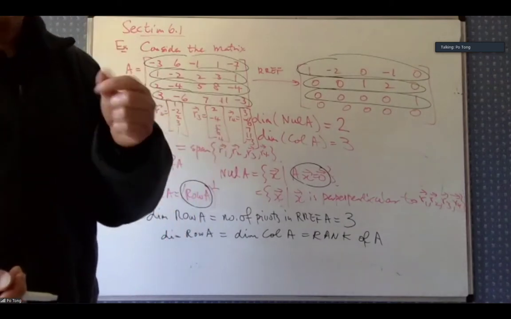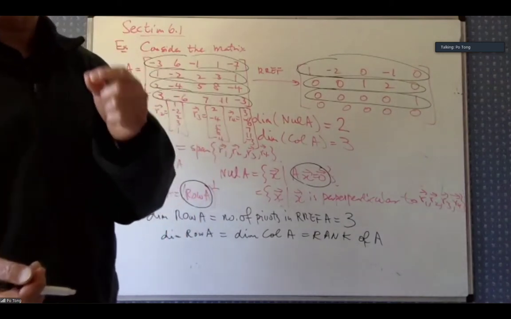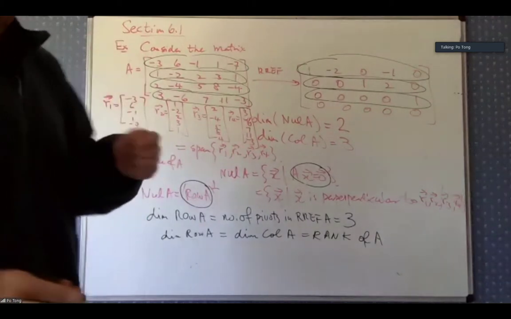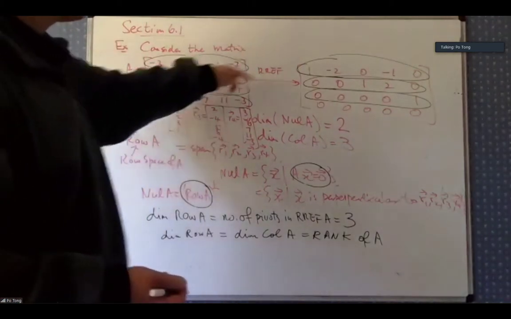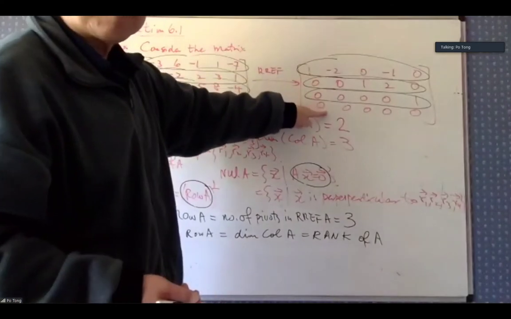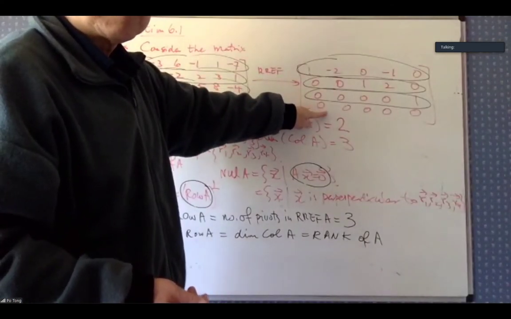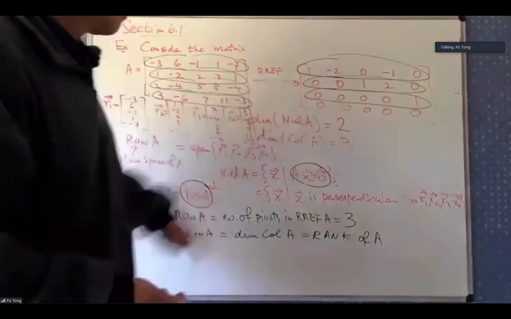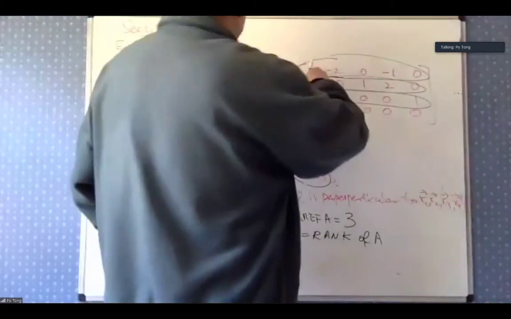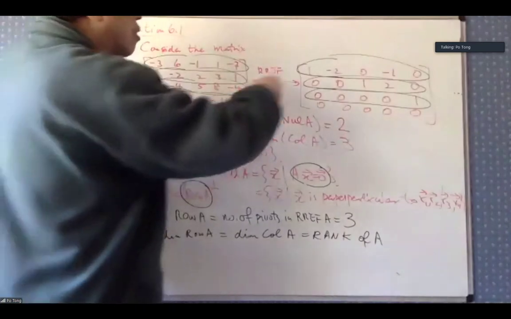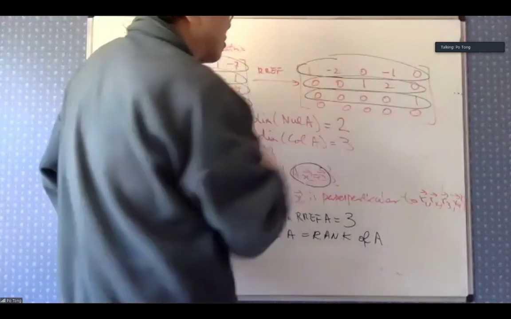When you do a row replacement operation, it's also not going to change the span. So the span of these 4 rows is equal to the span of these same 4 rows. Is it okay? So the row space of A is equal to the span of these 4, which is also equal to the span of these 4 rows.